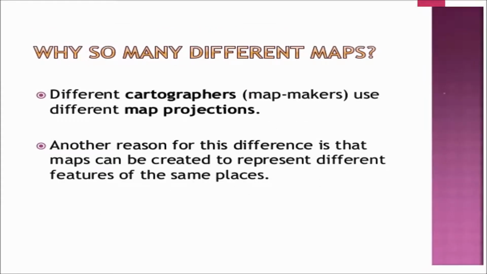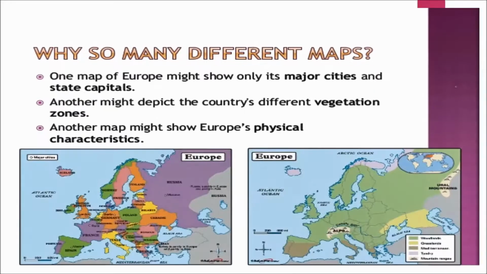Why so many different maps? Different cartographers. Here, cartographers means map makers use different map projections. Another reason for this difference is that maps can be created to represent different features of the same places. Why so many different maps?